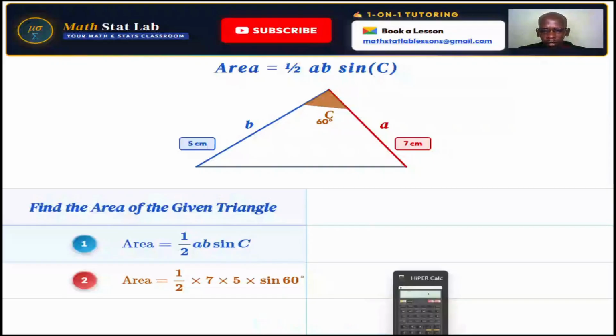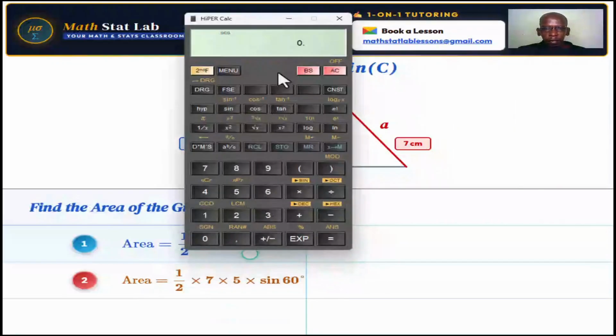But if we go direct to the calculator and find the sine of 60, let's see what it will be.